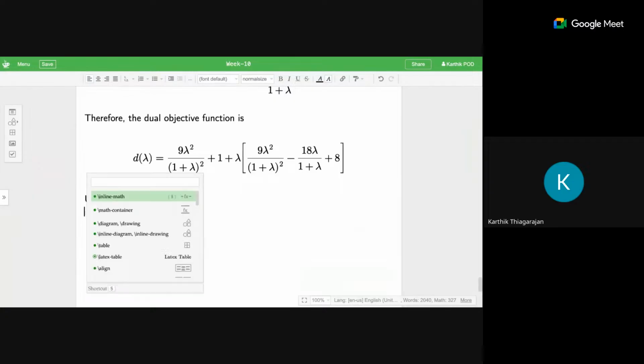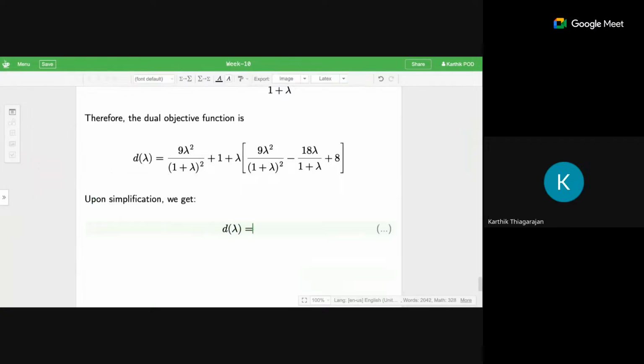We get d of lambda to be 1 by (1 plus lambda) square into minus lambda cube plus 8 lambda square plus 10 lambda plus 1. Okay, I think that is correct. So this is what you get upon simplification.